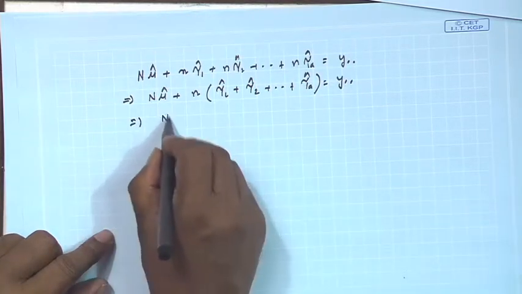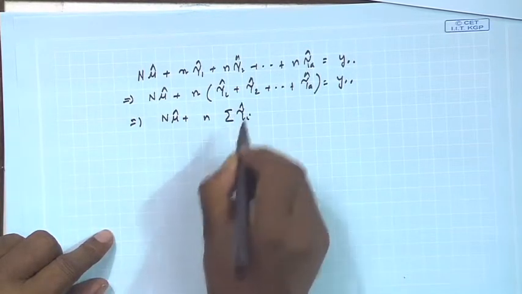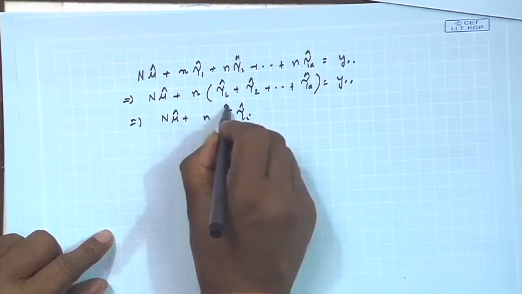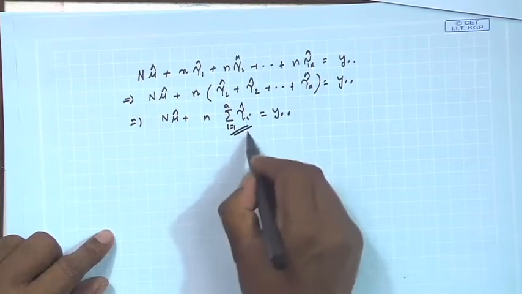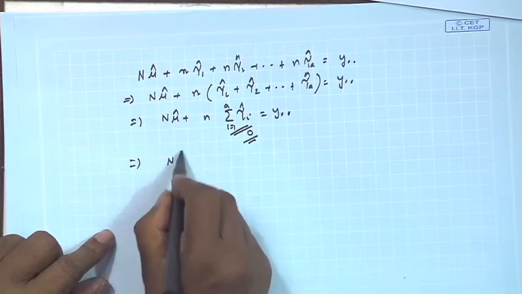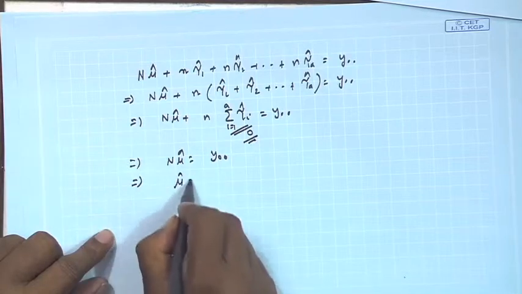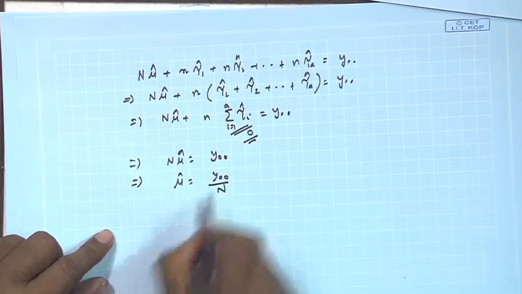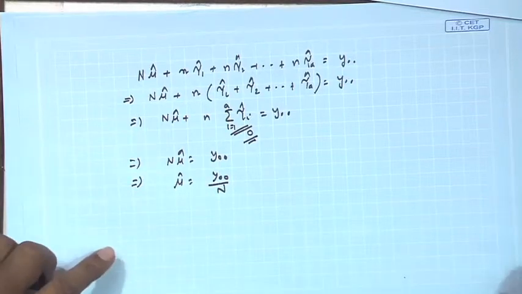This is nothing but n mu cap plus n times the sum of tau i cap, i equal to 1 to a, equal to y double dot. Now this is 0 because of the constraint. So we can write n mu cap equal to y double dot. The other way, mu cap is y double dot by n, that means grand total by the total number of observations.